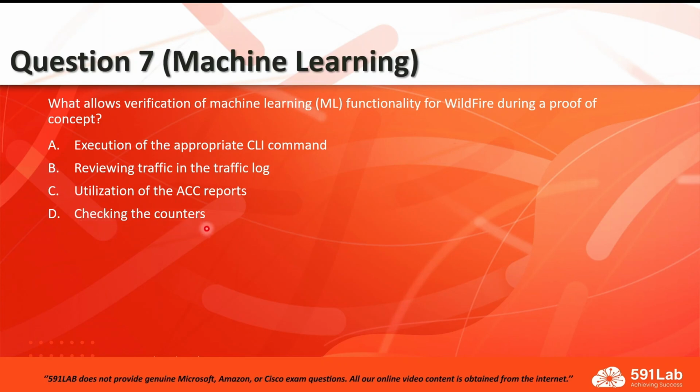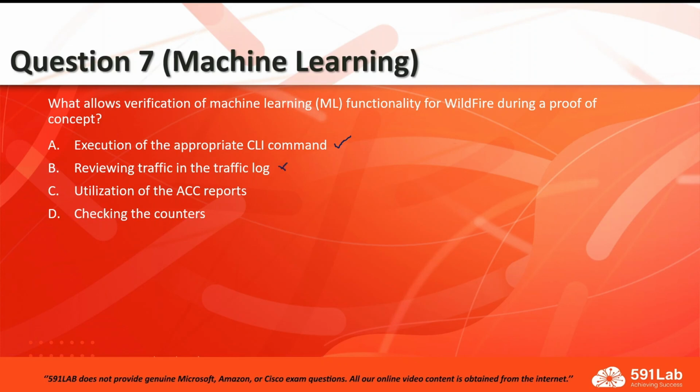From those options, we need to check each option. Let's check each option. From A, the execution of the appropriate CLI command, we can check the status of the machine learning by executing the appropriate CLI command. And then B, reviewing the traffic in the traffic log.